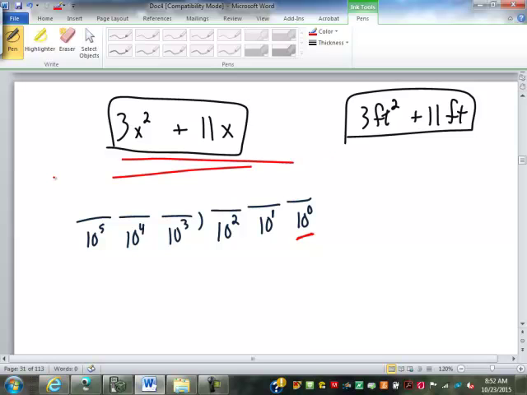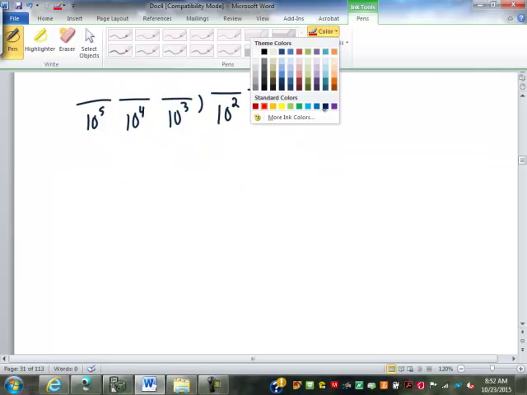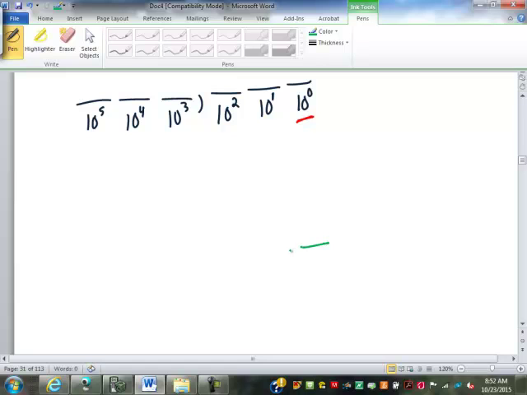So in algebraic numbers, what we have are place values that are based off of x rather than 10.